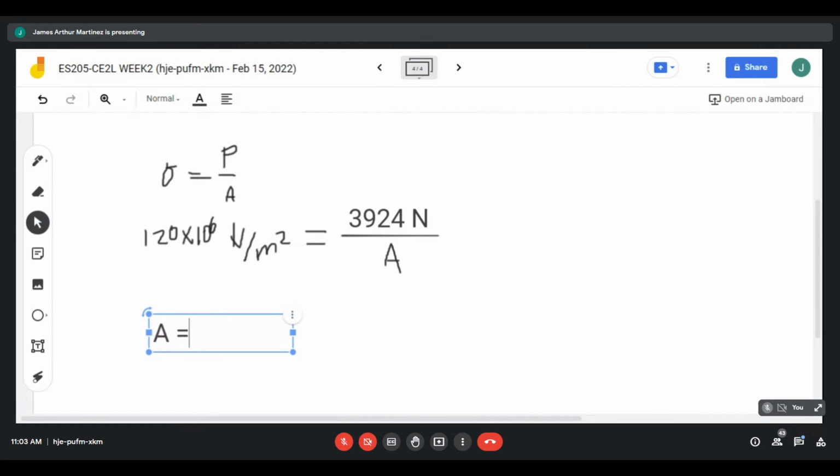Solving for the area of steel, you have 3,924 Newton divided by 120 times 10 to the power of 6. You got 3.27 times 10 to the power of negative 5 meter squared.